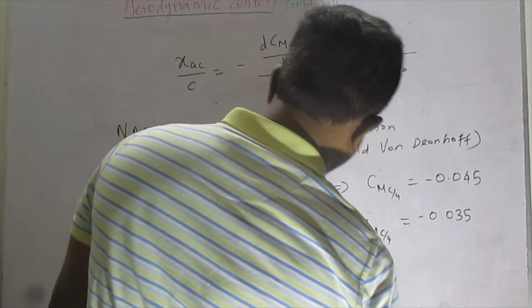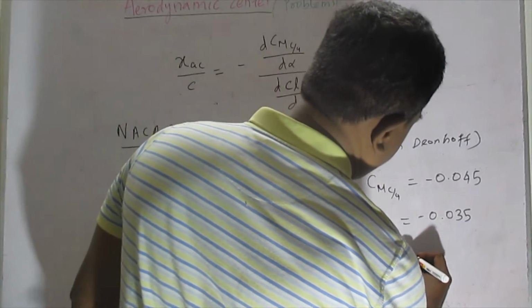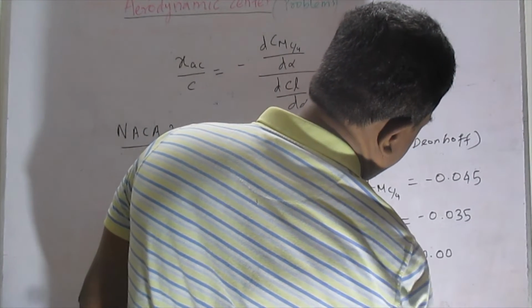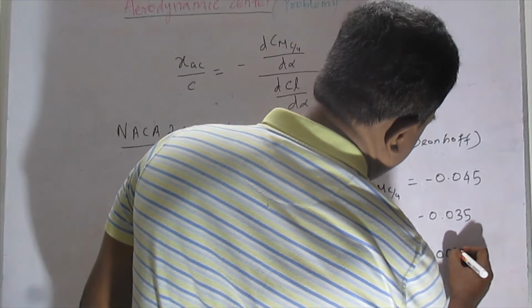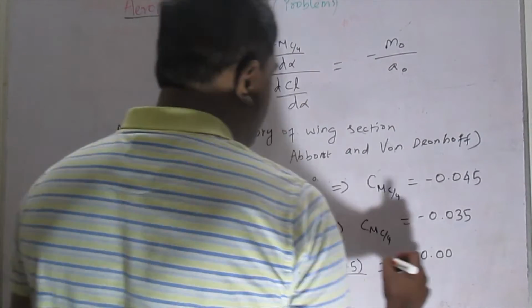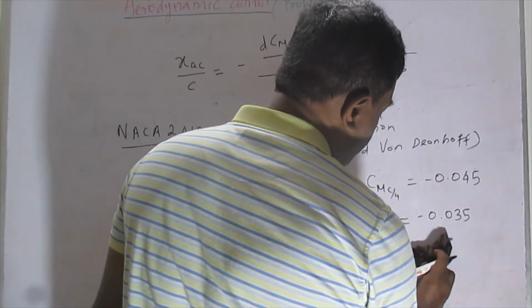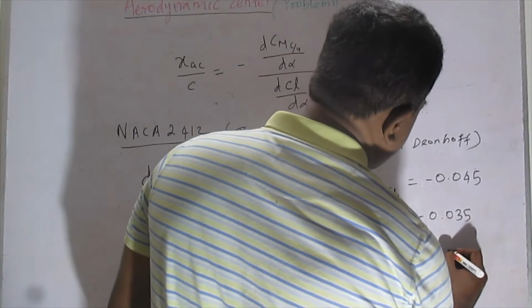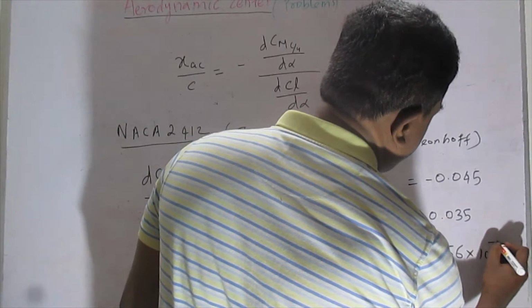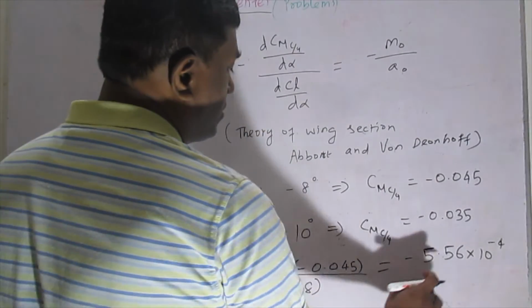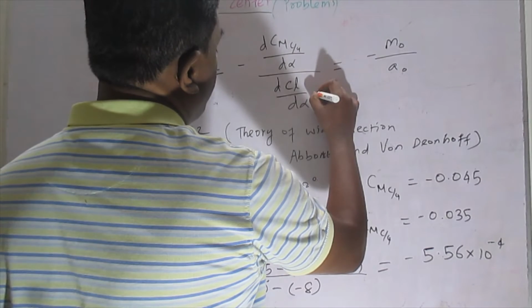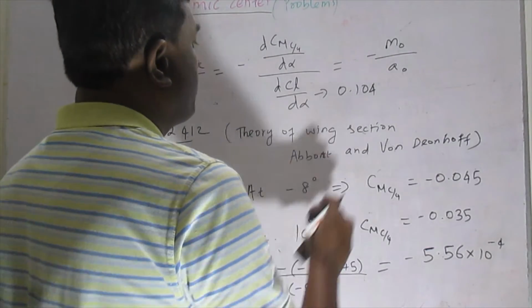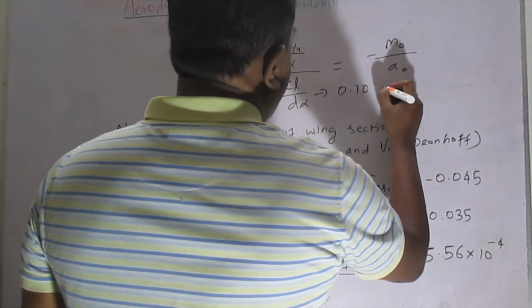5.56 into 10 to the power minus 4. So this is the value we are getting for dCm by d alpha, and for dCl by d alpha we got 0.105.